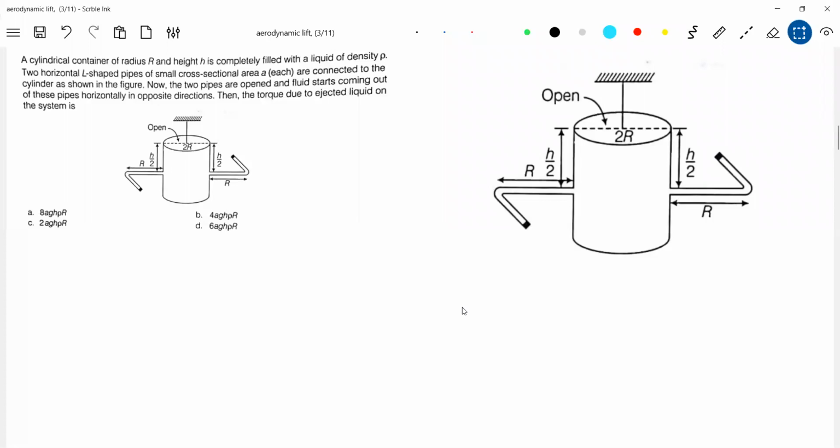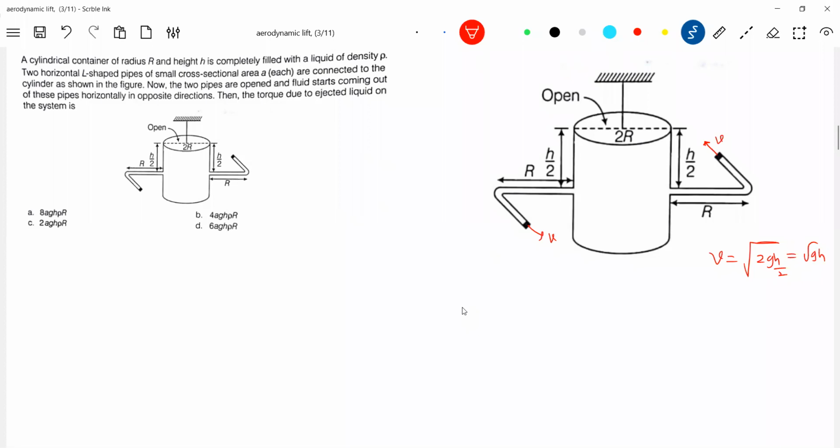Okay, now here, where are the holes? They are at a depth h by 2. So what is the velocity of efflux? Straight away, this will be V, so V is equal to root of 2g times h by 2.